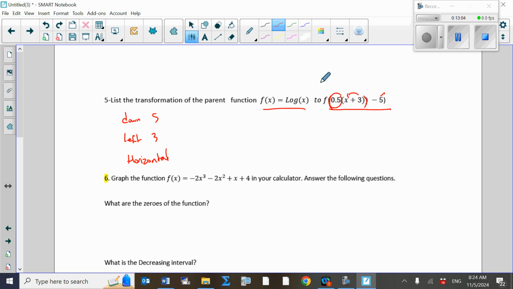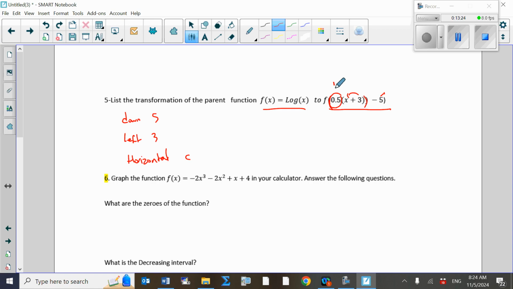We know that if it's horizontal, it should be a stretch or compression, but if it's horizontal, it always acts opposite. So although the number is less than 1, it's not going to be a compression, it's going to be a stretch. I'm sorry.